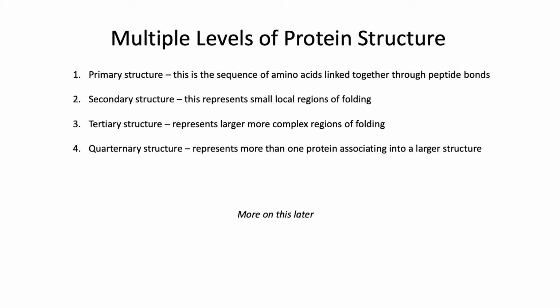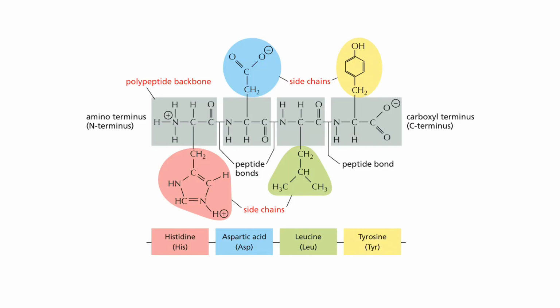But I want to go back again to the primary structure and its importance. So here we have the primary structure of a small peptide, and imagine this thing is 100 in length, or 300 in length, or 600 in length.